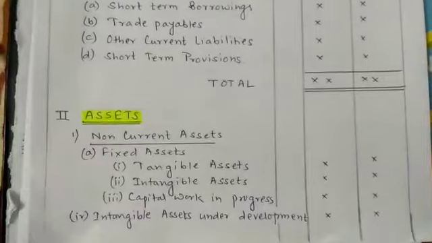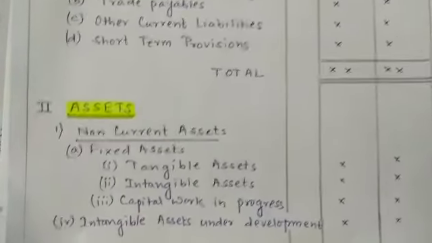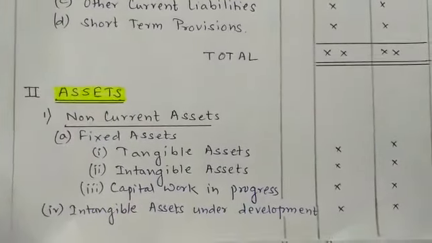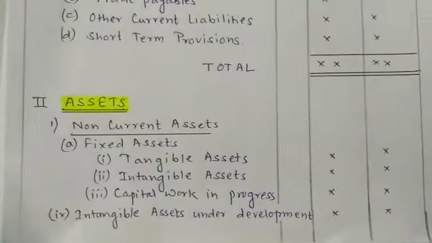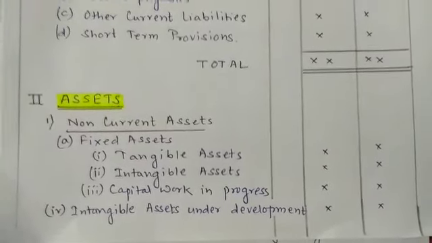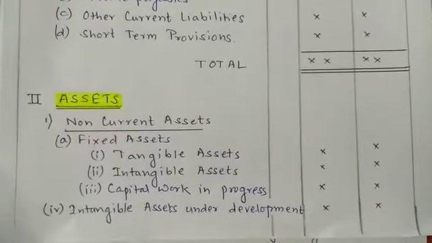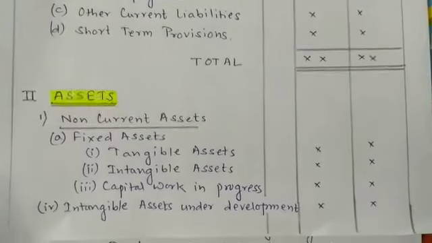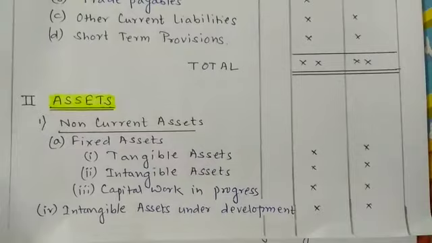Assets include two headings. The first heading is non-current assets. Non-current means fixed. The non-current assets are further classified as fixed assets. You know, fixed assets are of two types, tangible fixed assets and intangible fixed assets.